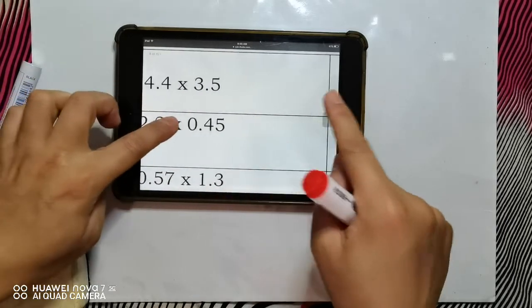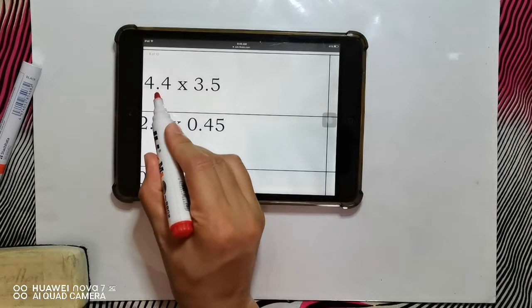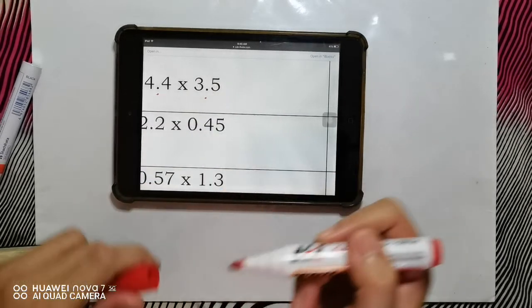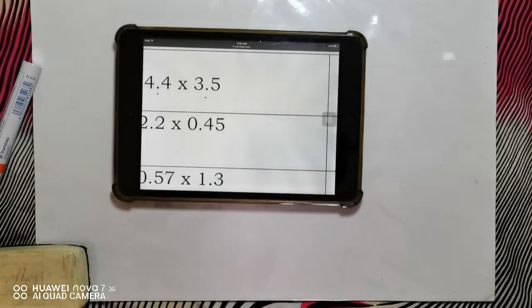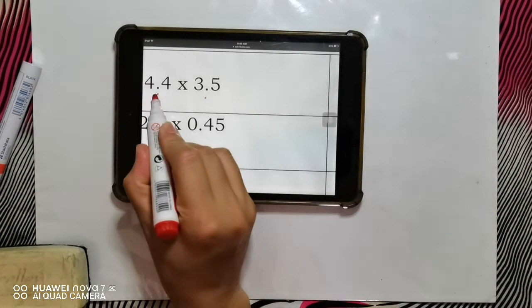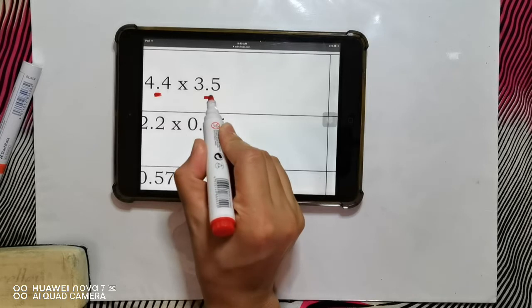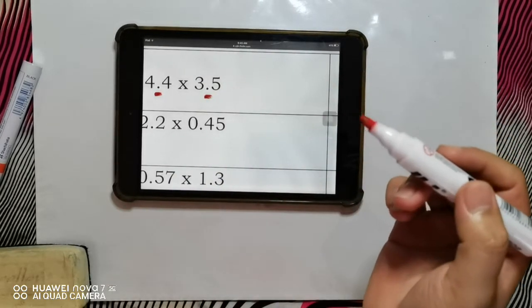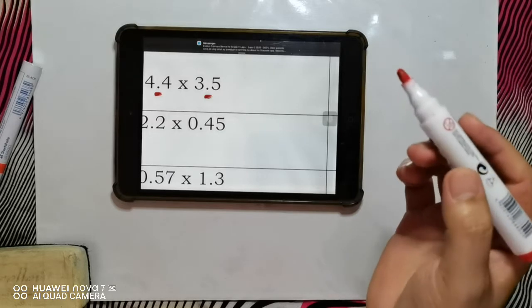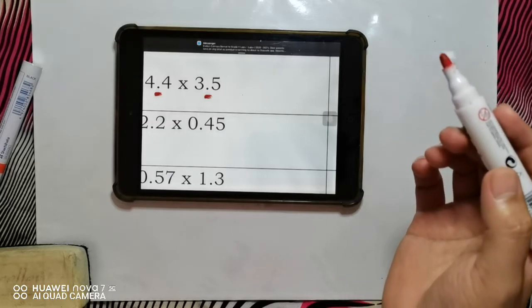Okay, here, this is the decimal point. And then this is the decimal point. Can you see it? Okay. So there is a decimal point here. And there's another decimal point here. So how many numbers can you find on the right side of the decimal point? Okay.